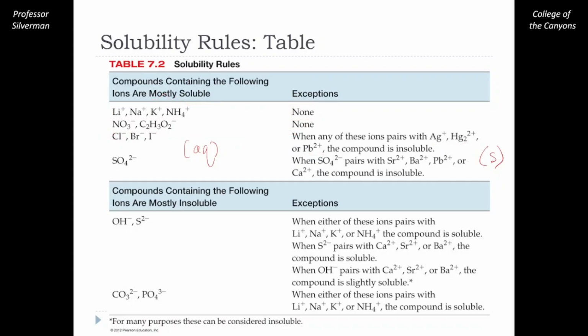The bottom of the chart is organized in the opposite way. These are compounds that are mostly insoluble. They will remain as a solid most of the time. Things that contain hydroxide or sulfide will likely be solid. Once again, we have some exceptions though. When these pair with those group 1 ions from up above or some other exceptions down here, then they will be soluble, AQ.